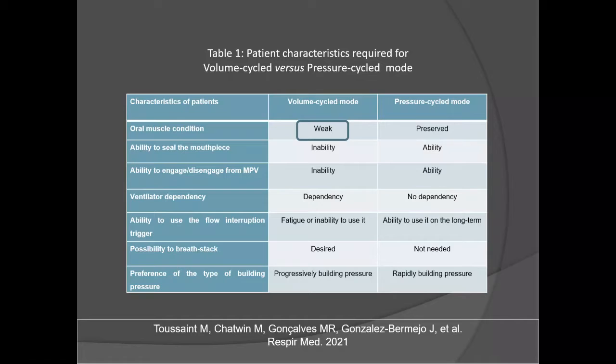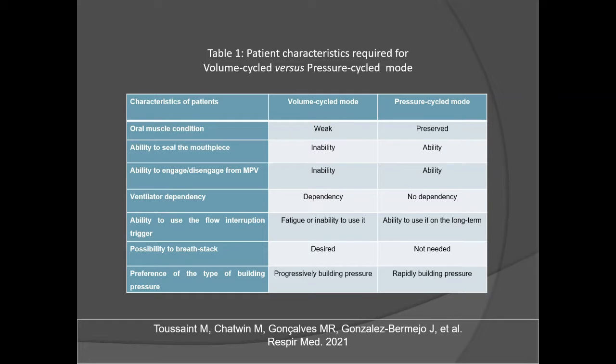If you have weak oral muscles, this is not a problem. Also, you can be unable to seal the mouthpiece. You can be unable to engage and disengage from the mouthpiece. And finally, you can be, and it's even better, to be totally dependent from the ventilator.